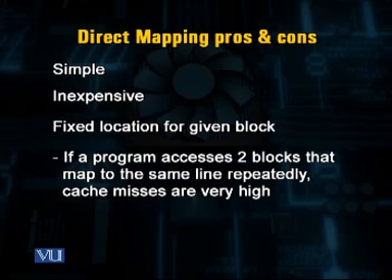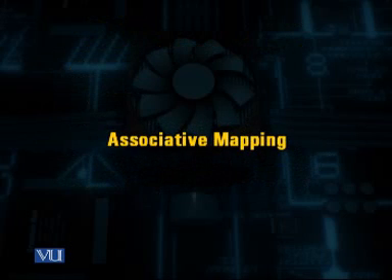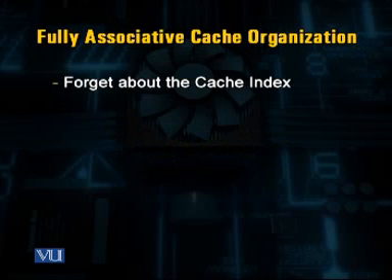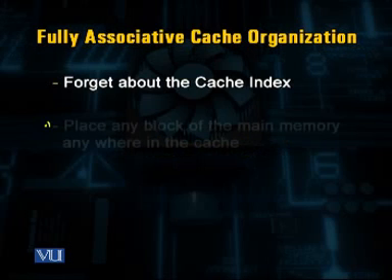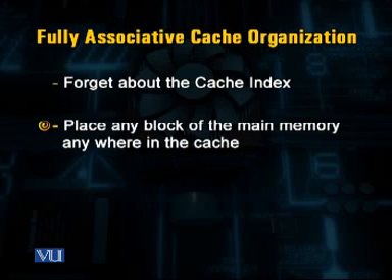However, this disadvantage of the direct map cache has been overcome in the other design, which is referred to as associative mapping. The associative mapping is one where we forget about the cache index and we can place any block of the main memory anywhere in the cache.